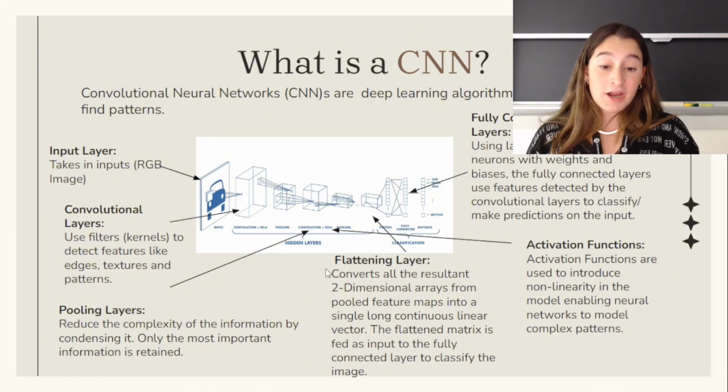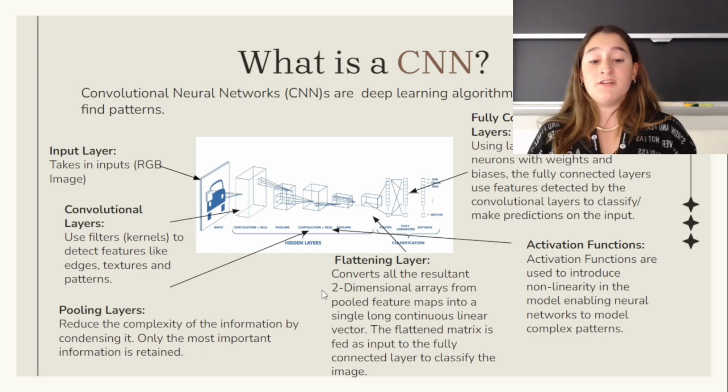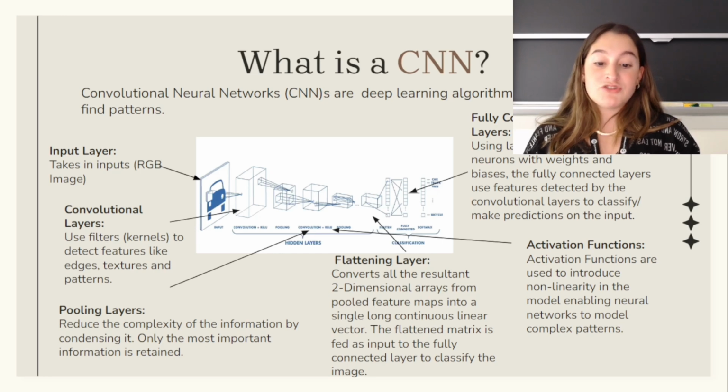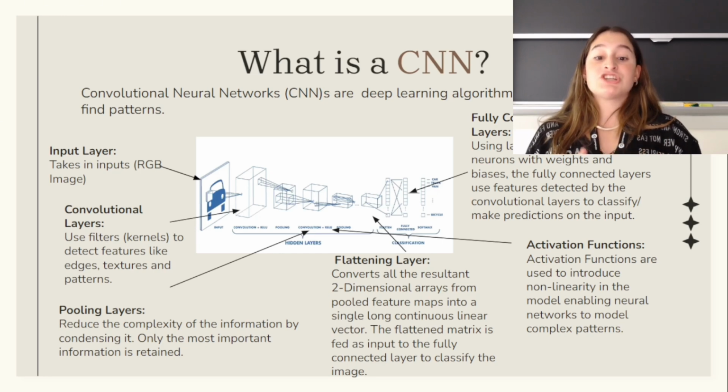Then a flattening layer, which converts all the results in two-dimensional arrays from the pooling layers and maps them into a single, long, continuous linear vector. The flattened matrix is then fed as an input to the fully connected layer to classify the image and provide an output for the user.